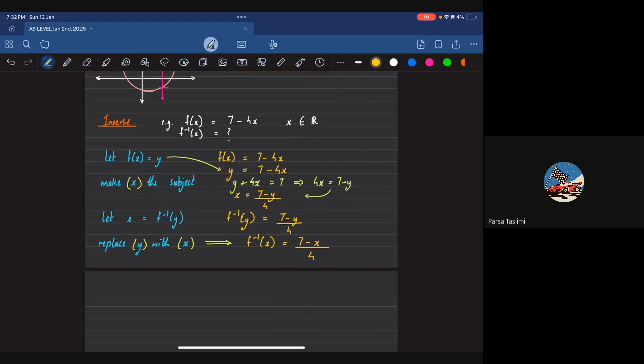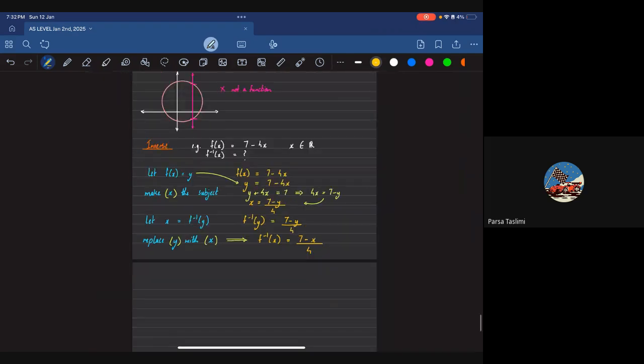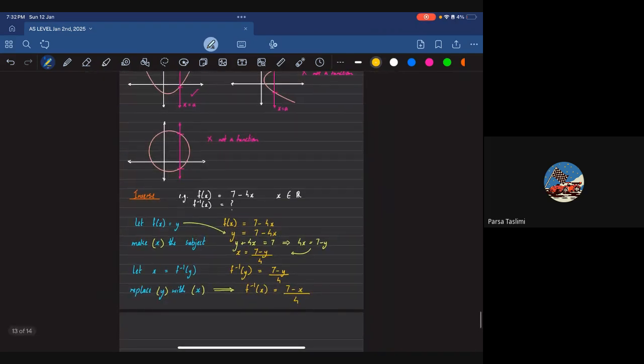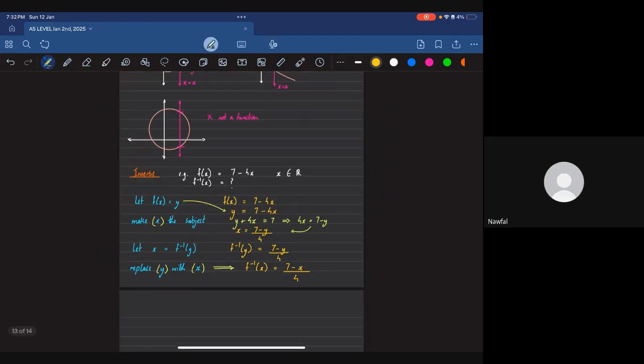All right. Any issues with this, guys? Nofal, is this clear? Yes, sir. Perfect. Now, all inverse questions are going to be solved like this, regardless of how they are. Just make sure to follow these four or five steps.